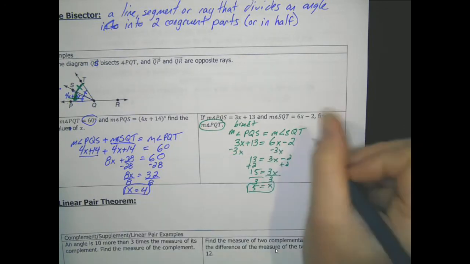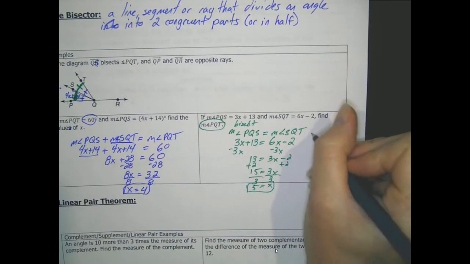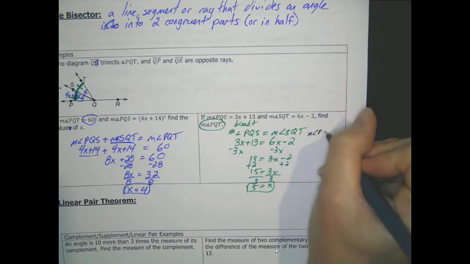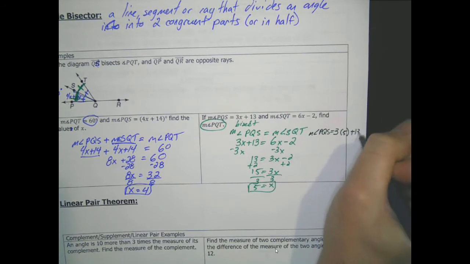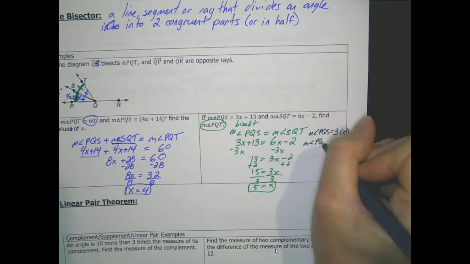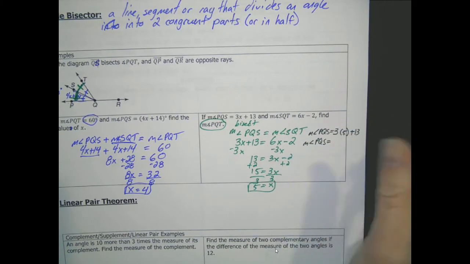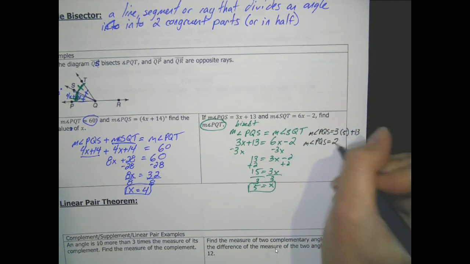So I'm going to say, okay, the measure of angle PQS is equal to 3 times 5 plus 13. The measure of angle PQS is equal to 15 plus 13, which is 28.